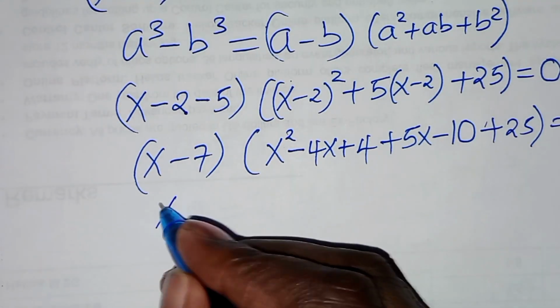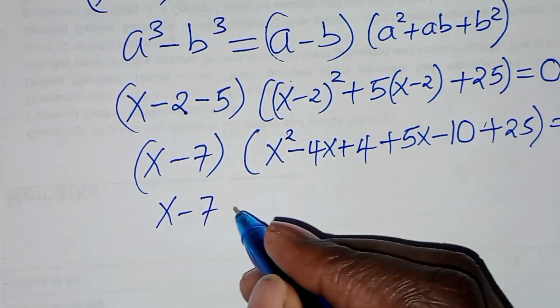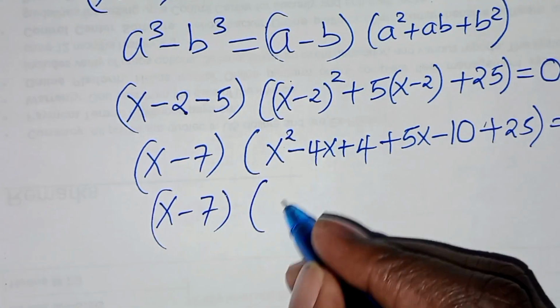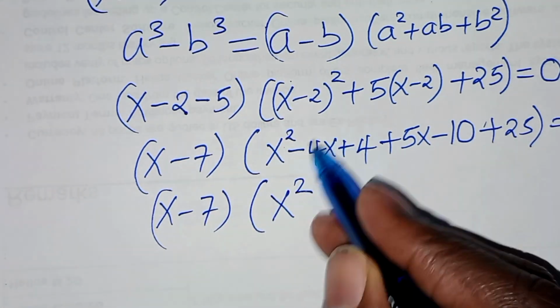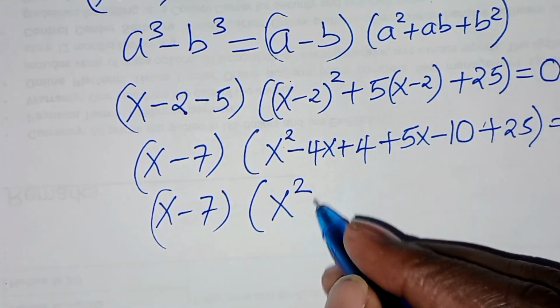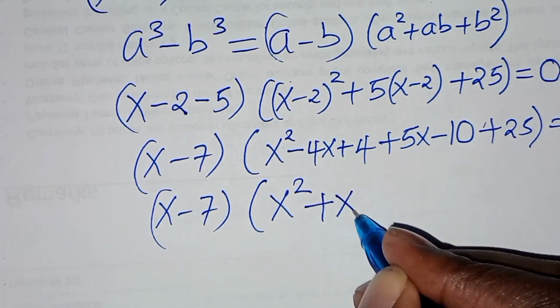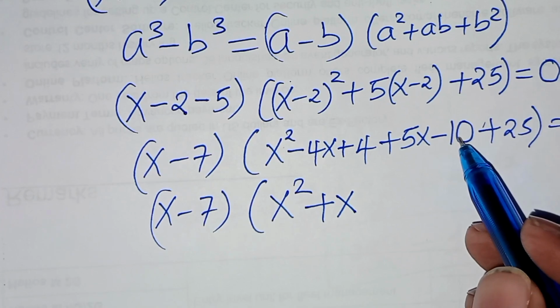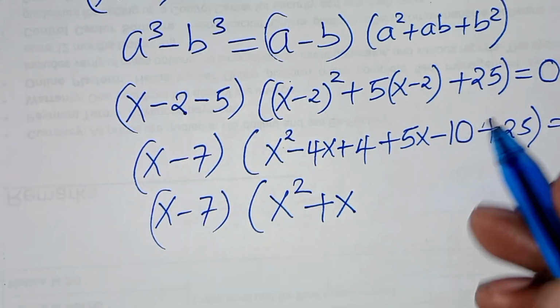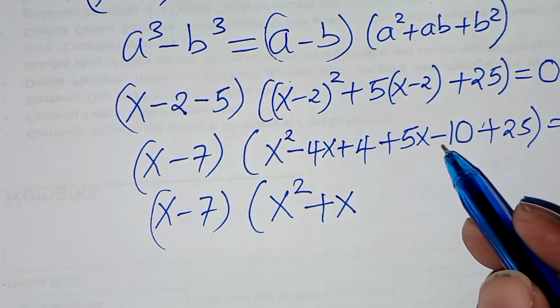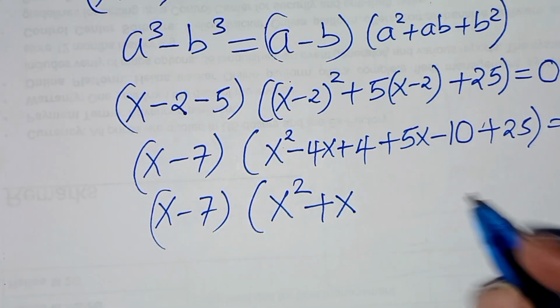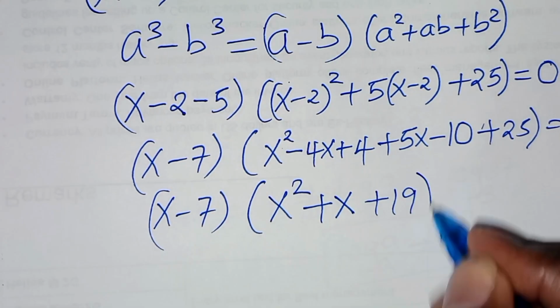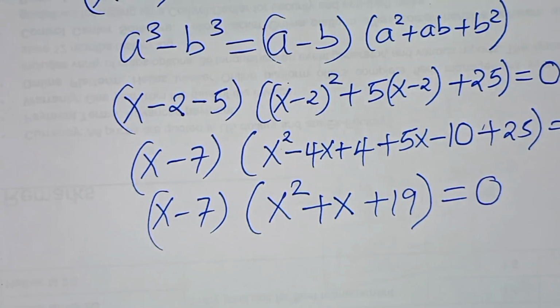So here we have x minus 7, and then x squared minus 4x plus 5x, this is the same thing as x. Then we have 4 minus 10, this is minus 6, minus 6 plus 25, this is plus 19, equal to 0.